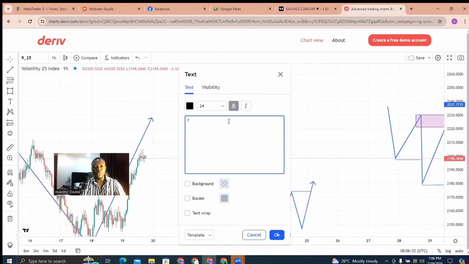Number two, it led to a clear break of structure.